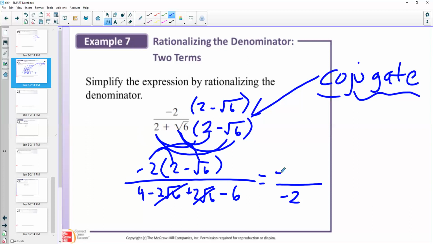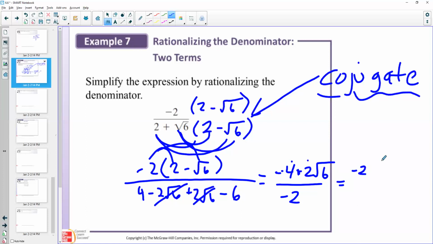On the top, I'm going to distribute. So I've got negative 4 minus 2 radical 6, plus minus times minus, radical 6. So this is pretty done, but these are both even, so I can factor out a negative 2 or a positive 2. It doesn't really matter. I can just factor out negative 2.